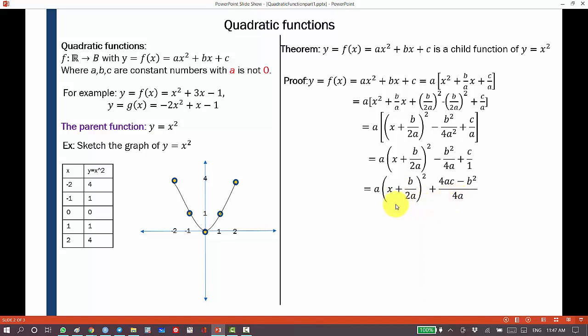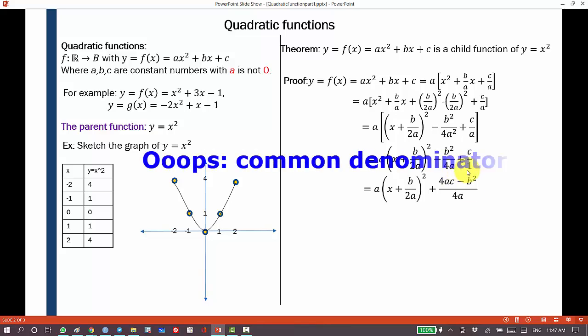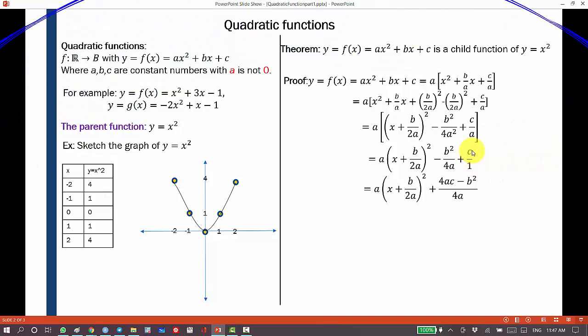Continuing with some simplification, this first part remains the same. What we do here is we take 4a as a common factor. 4a divided by 1 is 4a, times c is 4ac. 4a divided by 4a is 1, times b squared is b squared. Since this has a minus sign, the minus sign is coming from there.